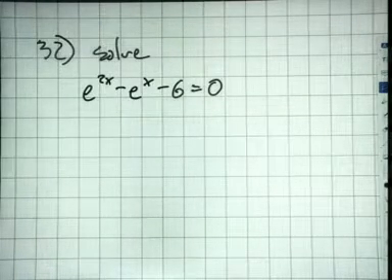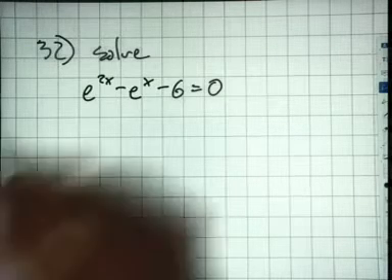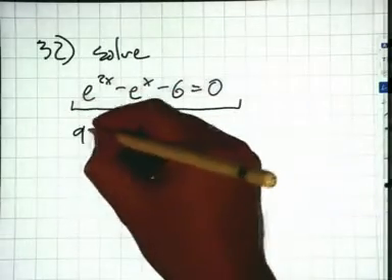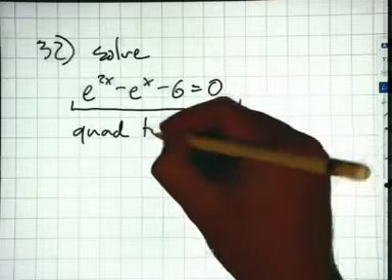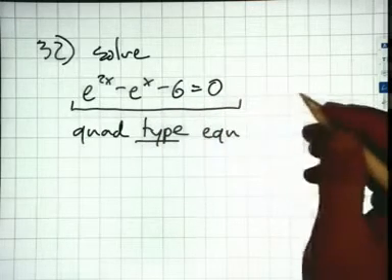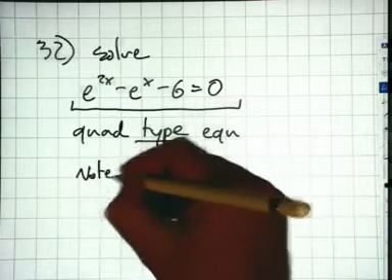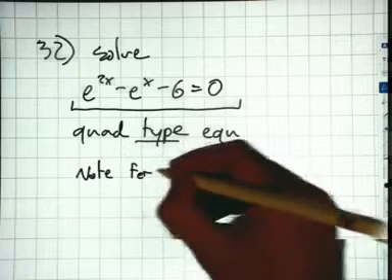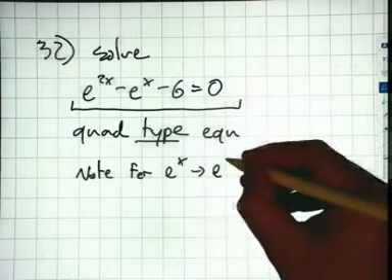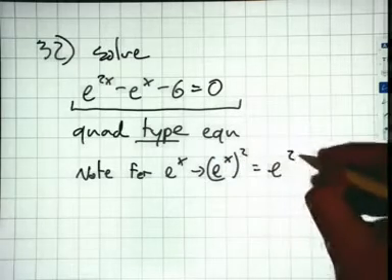This is one of those things that the more you see it, the more you realize what you're doing. This can be expressed as a quadratic type equation. Why? Because of the 2x. I make note that for e to the x, then e to the x squared is equal to e to the 2x.